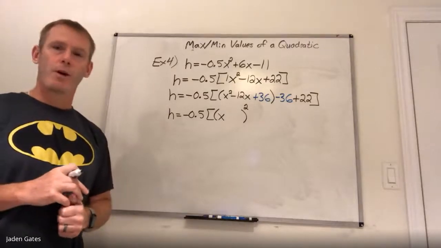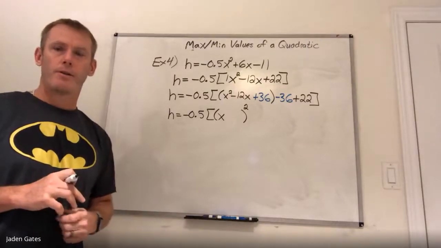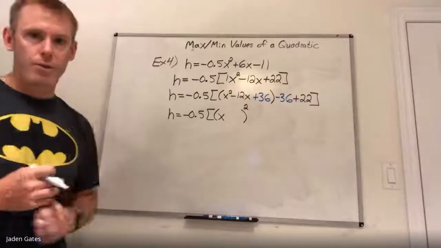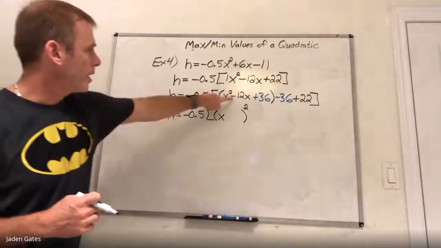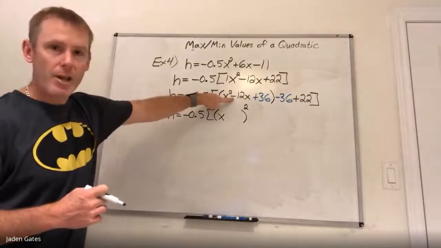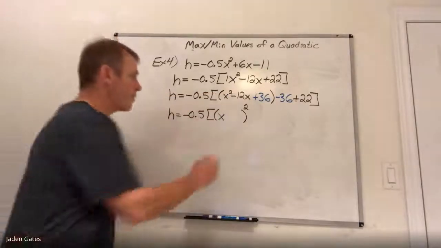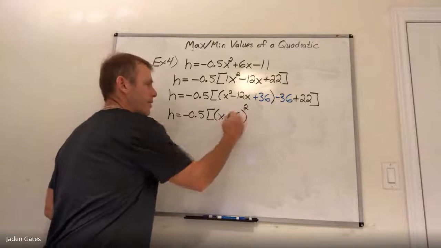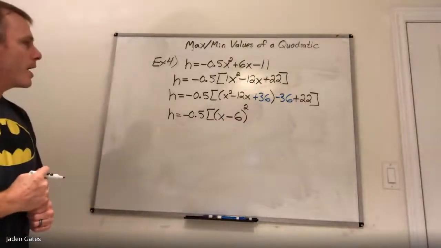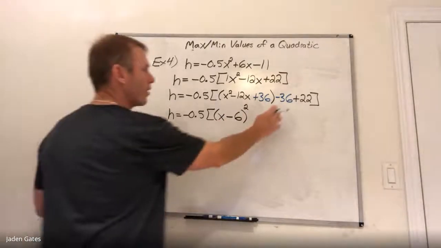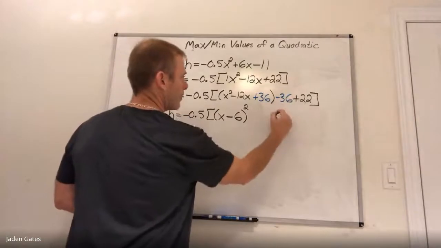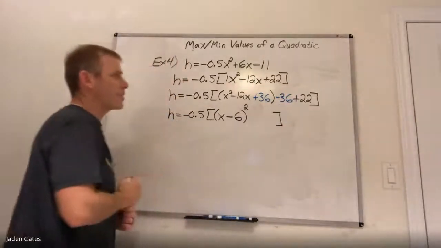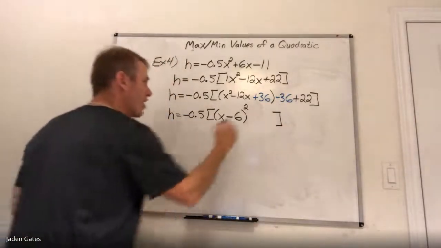What goes inside those round brackets? 6? Close. Gotta watch your sign. In front of that 12 is a minus sign, so it's going to be a minus 6. And then the leftover stuff, minus 36 plus 22. I believe we're down 14.